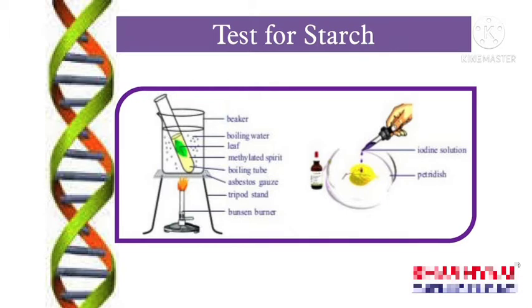To this colorless leaf, add a few drops of iodine. After adding iodine, the leaf changes to blue-black color. What is the color change we have seen? Blue-black color. So this blue-black color indicates the presence of starch.